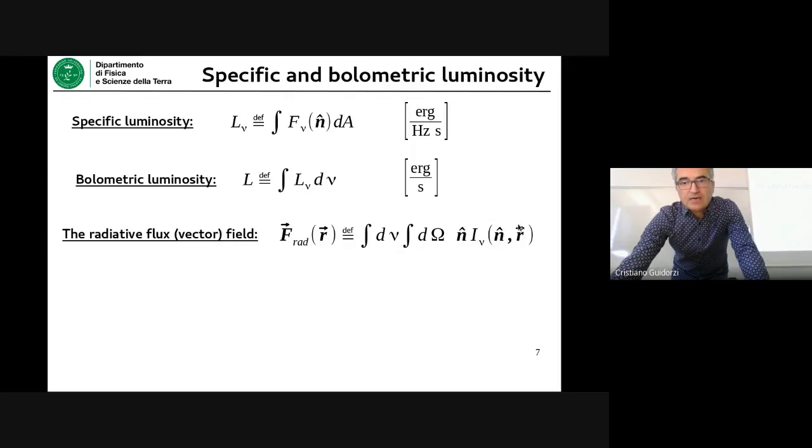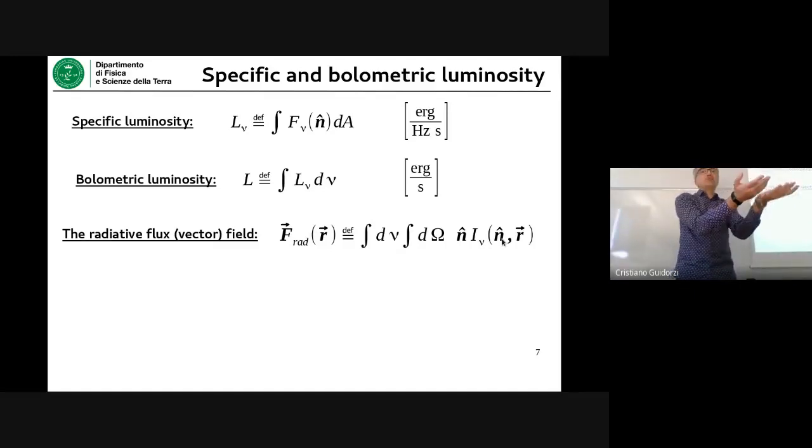You see the intensity, in which I explicitly wrote the dependence on both the point in space, r, so if you change point in space, the intensity may change, but also on the direction. You fix the point in space and you change the direction of what? Of the surface you have in mind. Talking about flux means that you have a surface and you want to see how much radiation is crossing that surface. So you change the orientation of the surface, you change n, the unit vector n.